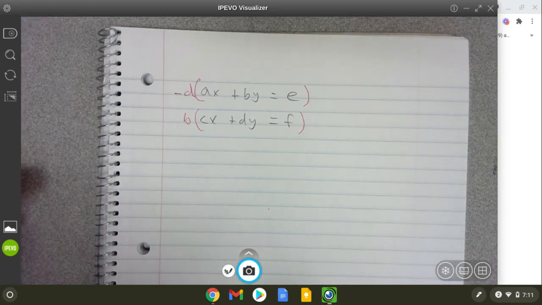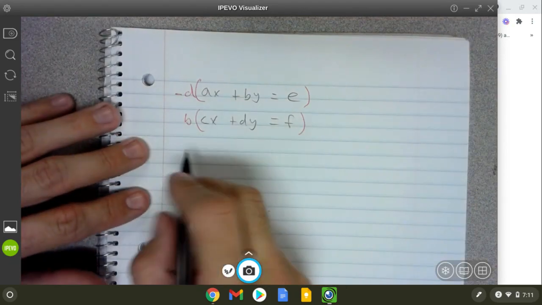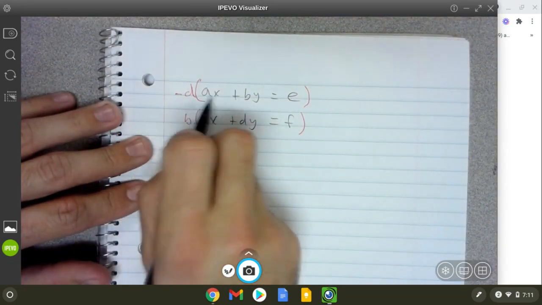It doesn't really matter; we could have multiplied by D and B and then subtracted the equations.